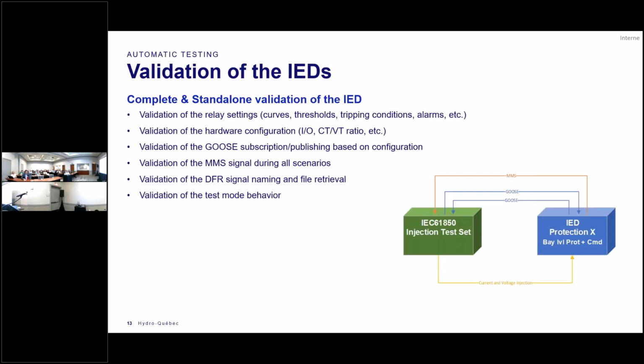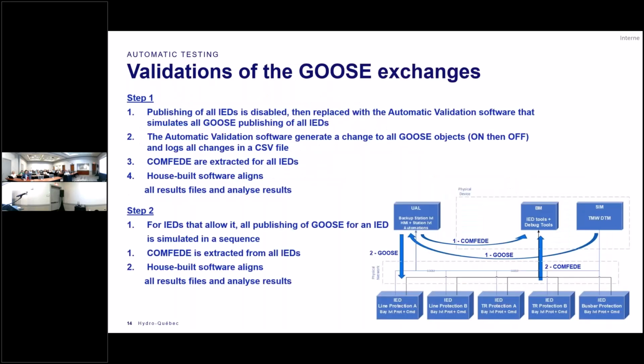But the next step was the different validation of the Goose across the system. So there were different strategies that were adopted, mostly based on the capacities of the IEDs.